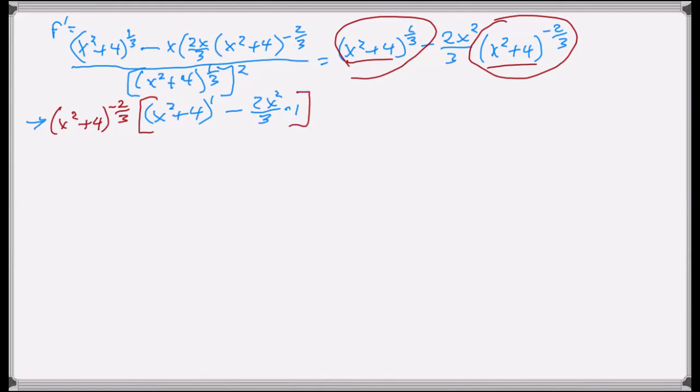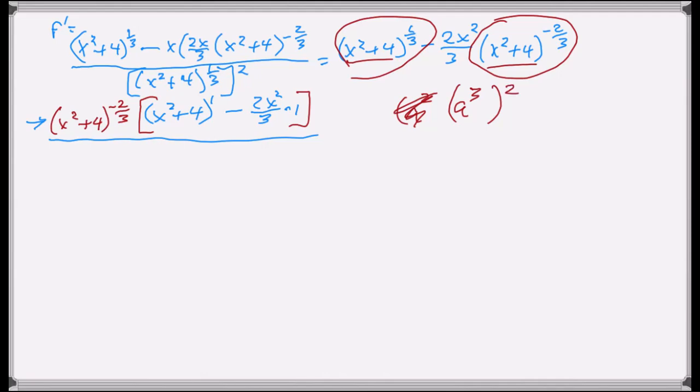Now on the bottom, we can't forget the bottom. What's x squared plus 4 to the 1/3 squared? You know, let's think about that. If I had a to the 3rd power, and I square it, what do I get?